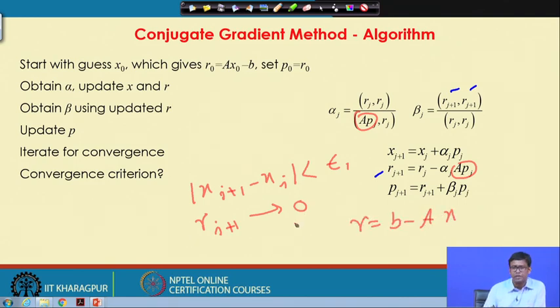Once we have solved the equation, r must go to 0, or we can also check whether the norm of r_{j+1} is less than another small number, epsilon_2. We can fit a convergence criterion based on the difference of the last two guess values, or based on the norm of the residual vector r. If the residual vector is very small, we will say that it has converged.